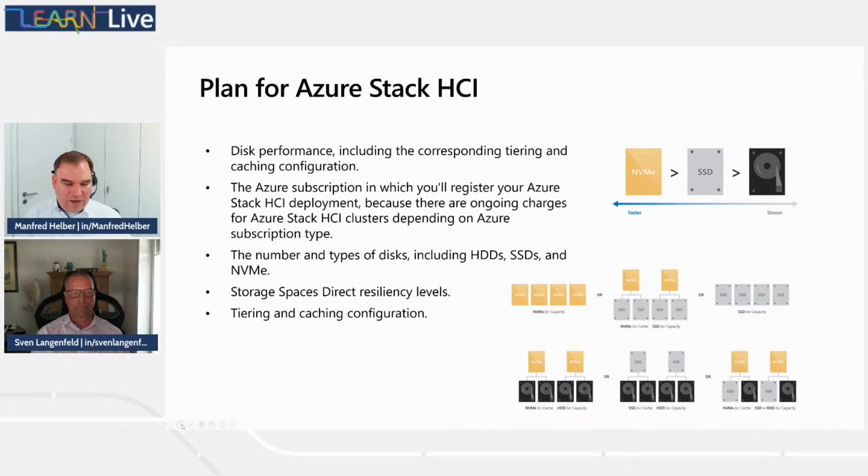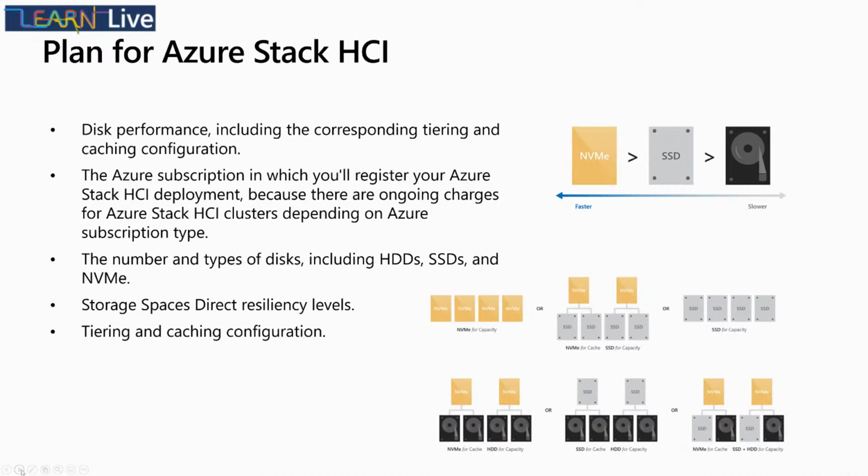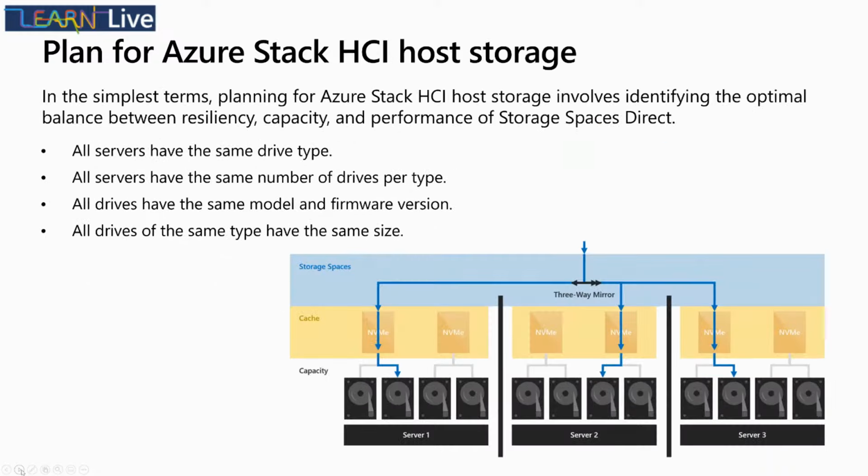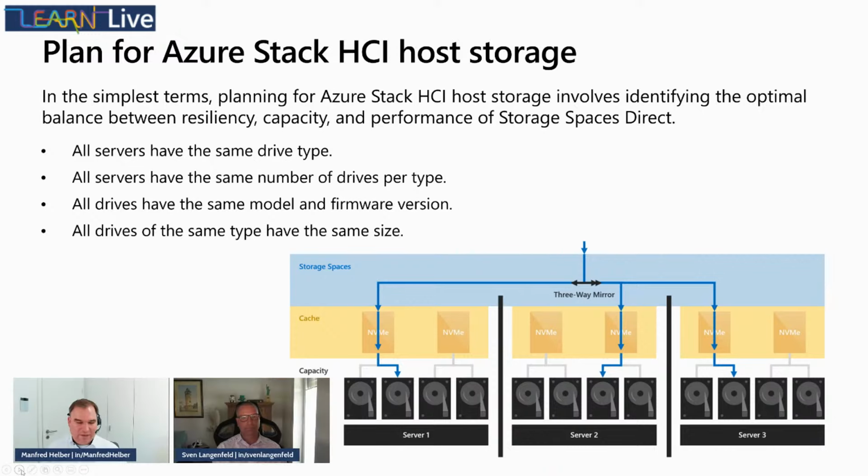The number of drives has to be identical in each server. The type of drives has to be identical in each server. We can start with 4 flash-only drives, and we can scale up to 26 drives typically in standard servers, but there are also specific solutions in the market where we have more than 26 drives in each server. So important what we have on this slide again: all servers have the same drive types. All the servers have the same number of drives.